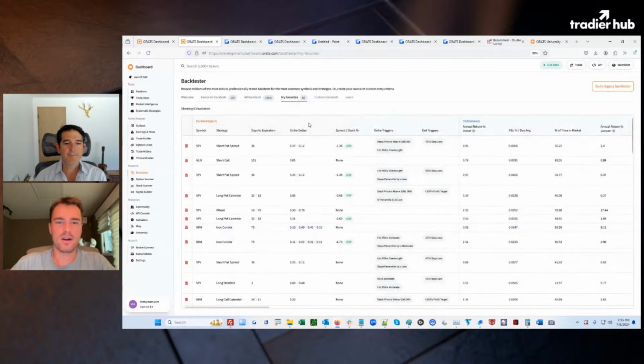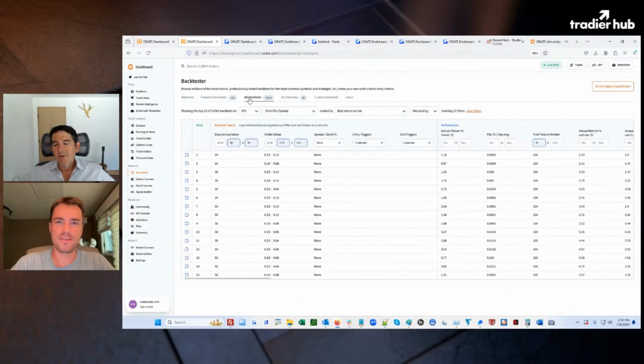So you can compare all these different types of strategies for many different symbols. So it's a really powerful tool to find the right strategy for your portfolio. And just like Matt's saying, a short put has a lot of downside risk. Do you really need that downside risk, or can you find a spread that accomplishes the same goal without the risk? Yeah, it's a good point, Tyler.